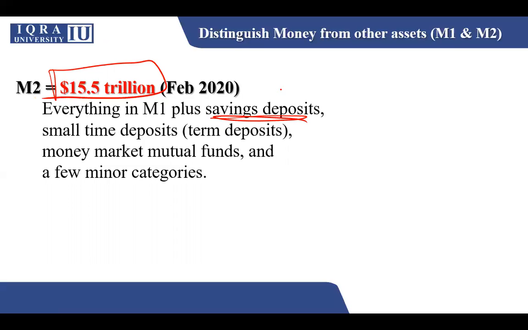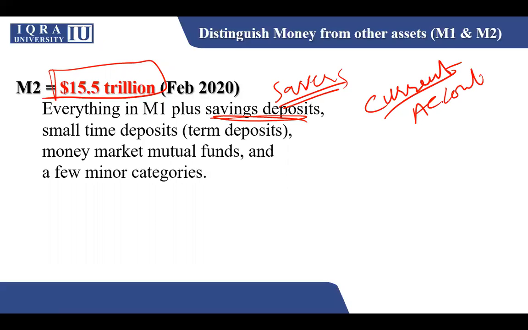Saving deposits are kind of savers' deposits, not for use as a current account, which is known as a checking account. So we use the current account in Pakistan. Remember this. And it is included in M1, not in M2 directly. But definitely in M2, M1 is included, so automatically the current account is also there.